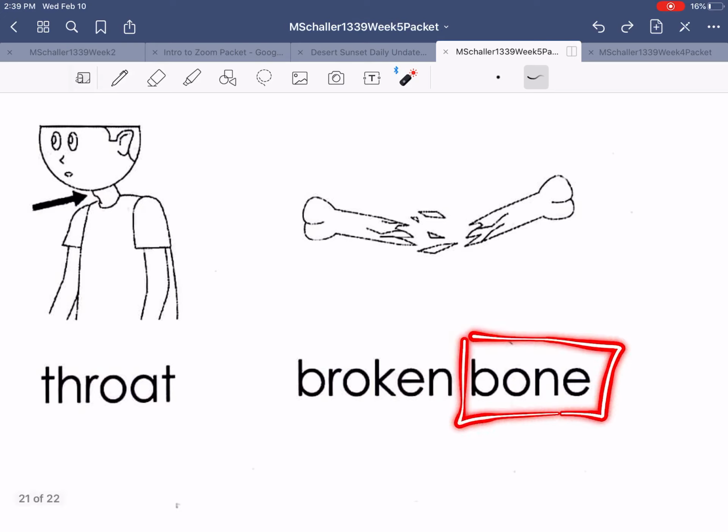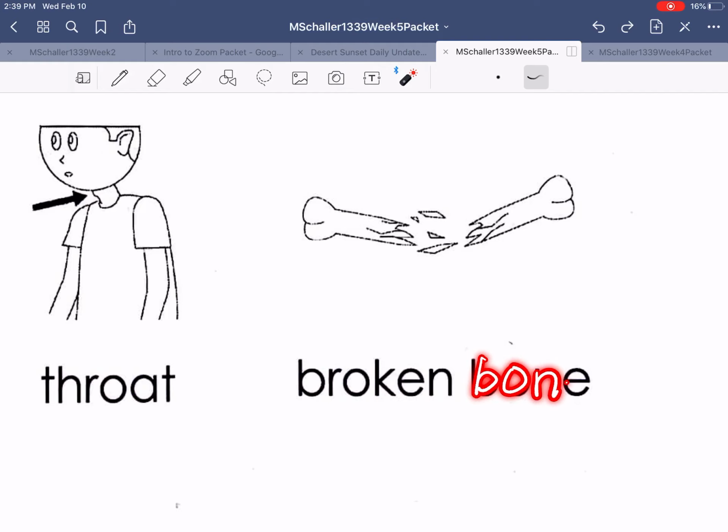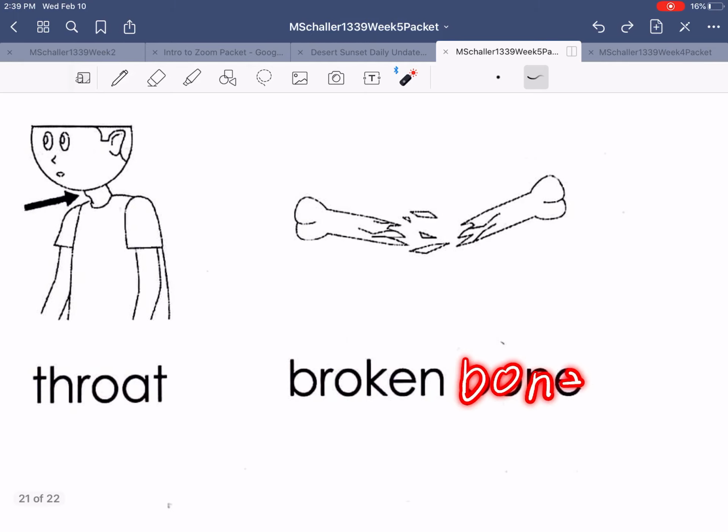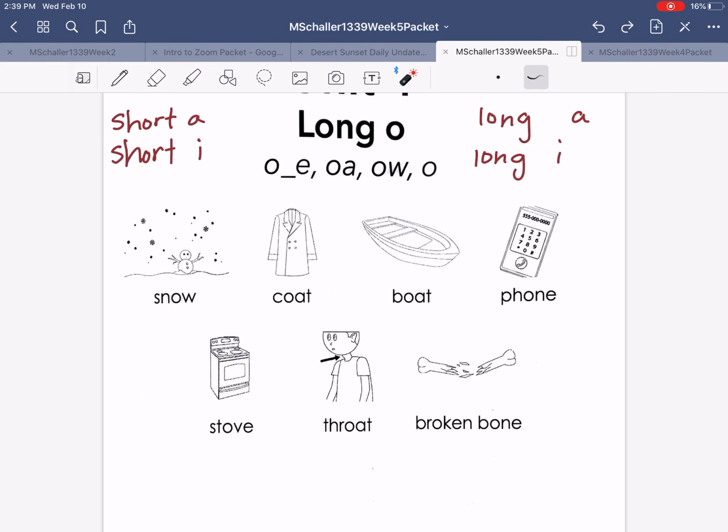And then with the word bone, you have B, O, N, E. No E, bon. Yes, E, bone. So when you have O, some letters, and then an E, the sound changes from aw to O.